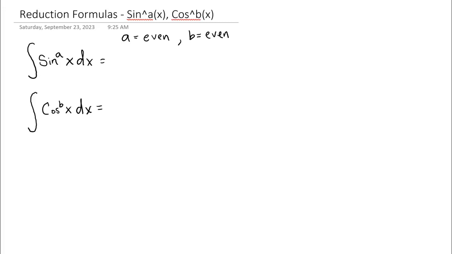In this video, we will derive the first of two reduction formulas that we will use to solve the integrals that are written on the screen here. We already took a look at these integrals in the case that a and b were odd numbers. In that case, we found that we could rewrite these integrals using our trigonometric identities into a form that was very conducive to a u substitution.